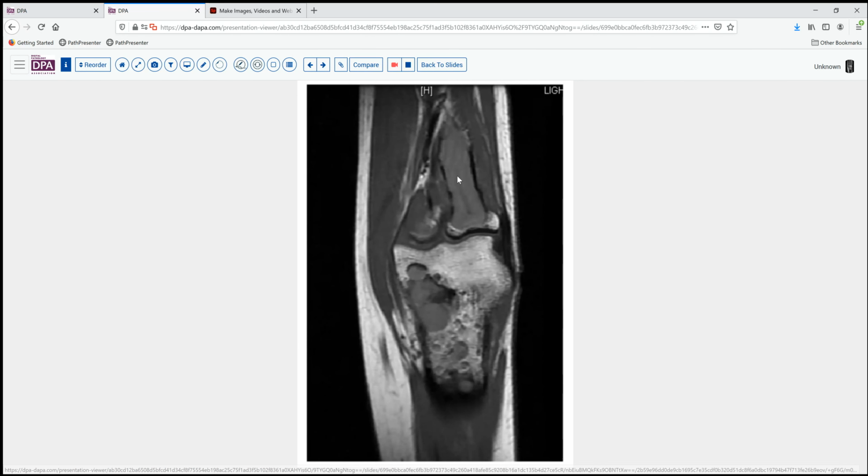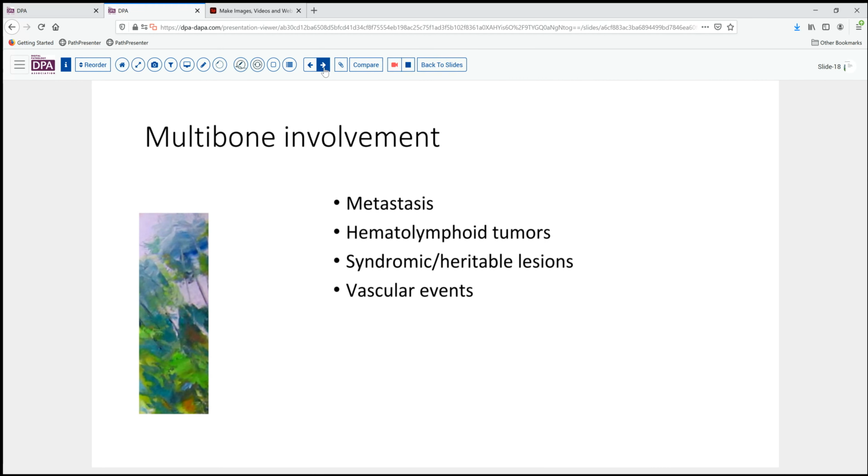And on the fat sequence, again, we see multiple nodular areas here within the marrow involving several of the bones. This one, obviously, there's the humerus here and the radius and ulna here. So this raises a very interesting differential diagnosis in a young woman, relatively young, with multiple bones involved.